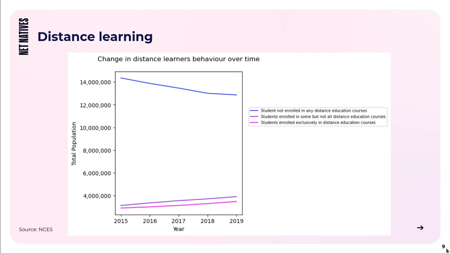Now, as across the rest of the world, there is a significant increase in the popularity of online or distance learning. Here we can see that the number of students that are not enrolled in any distance learning is decreasing, whereas the number of students enrolled and partaking in distance learning is increasing, whether that's doing some or the entirety of the course as a distance learner.